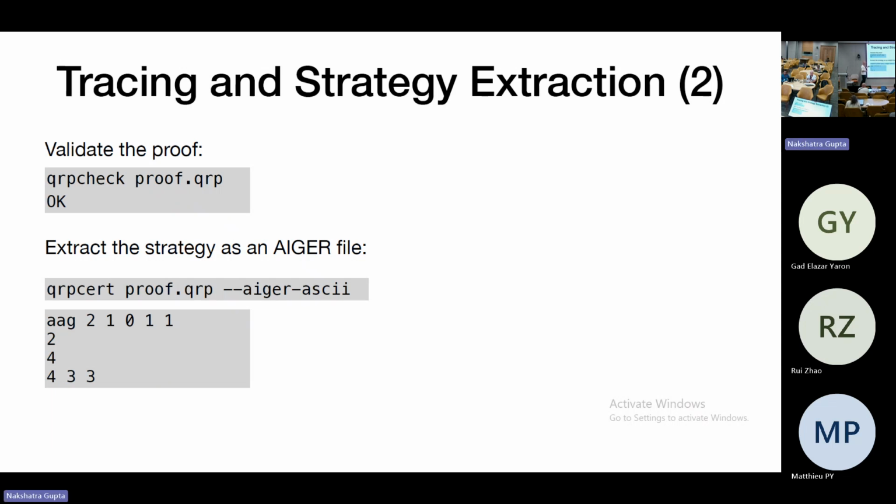The literals here are always multiplied by 2. 1 is the input, 2 is the output, and then the output is defined by it's not 1 and not 1. So the literal plus 1, I guess, is always the negated literal. So this is short for negated 1. And so the output is just not 1. That's what this file specifies.